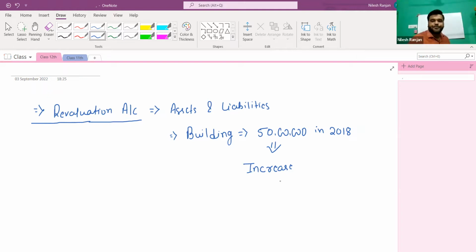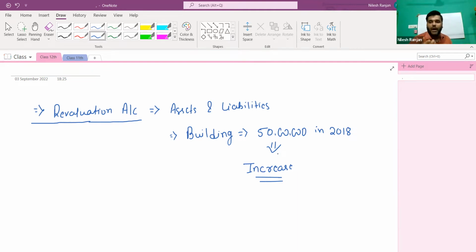So now if the value of land and building or other assets changes, then it will result in profit or loss. And if there is some profit or loss due to change in value of assets and liabilities, then we have to distribute that profit or loss between old partners because the revaluation profit or loss is old profit.